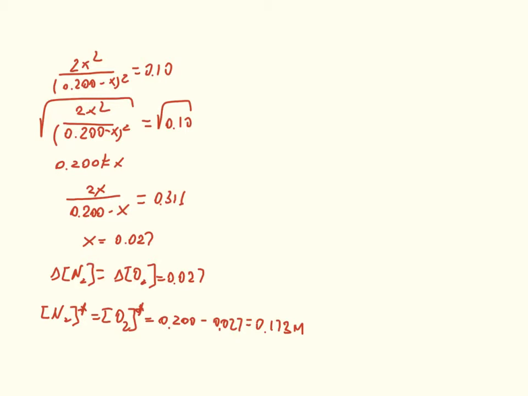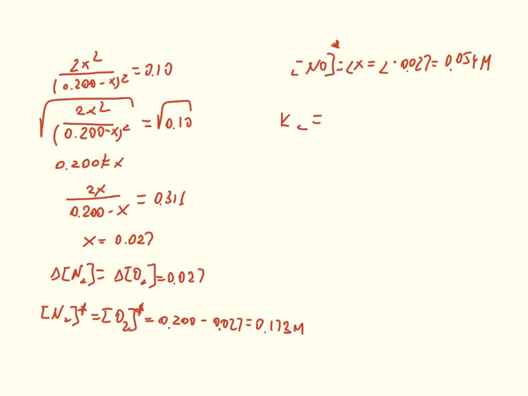Okay, and equilibrium concentration for nitrogen monoxide is 2x, hence this is 2 times 0.027 equal 0.054 molarity.